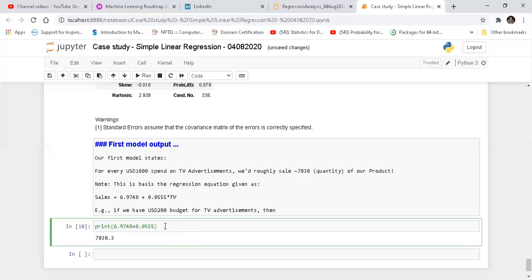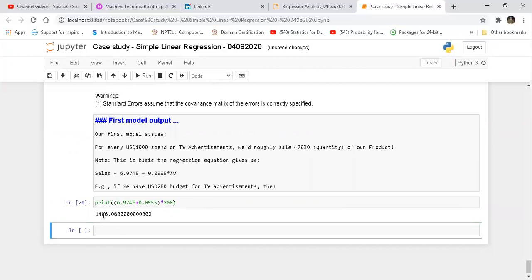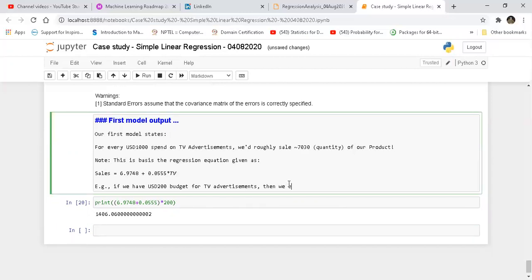Divide this by 1000, and then all you need to do is multiply this by 200. I realize that I made a mistake, I could have just done this. So you simply multiply by 200 and you get 1406. So then we expect a sale of 1406 items.